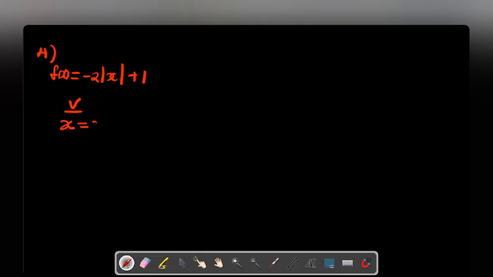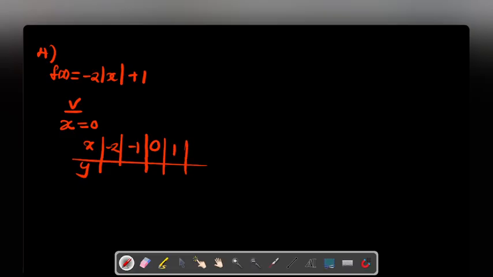So we set x to 0. Since our vertex will be at 0, from this 0 we need to move backward by 2 units, so we have -1 and -2 here. This is x, and this side we have y. Then again, from 0 we move forward by 2 units, so we have 1 and 2.